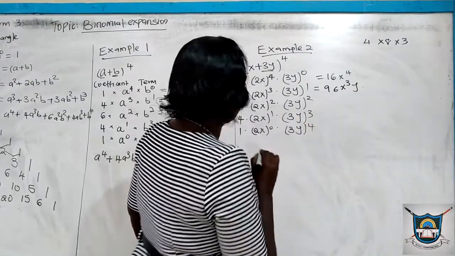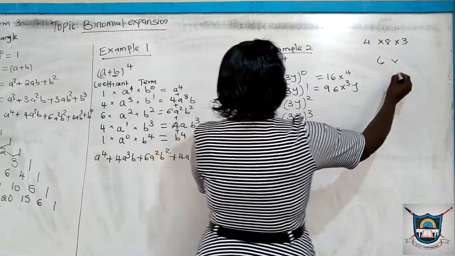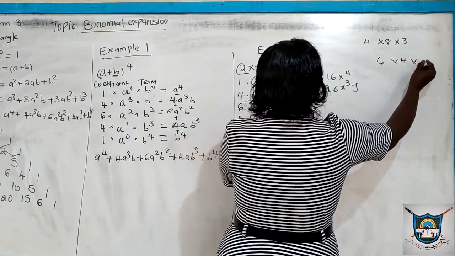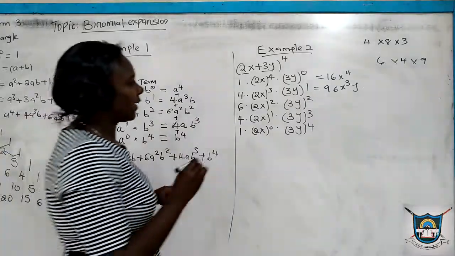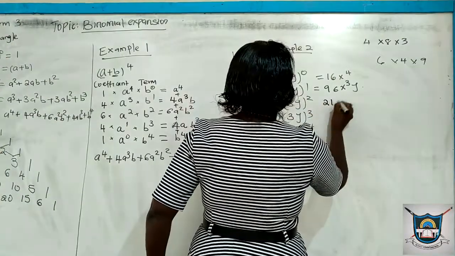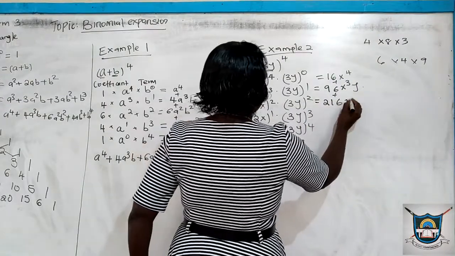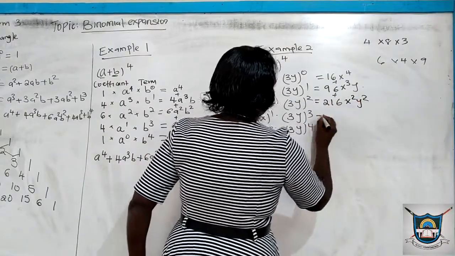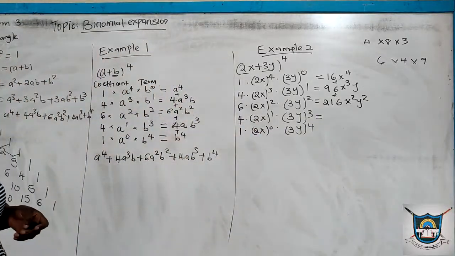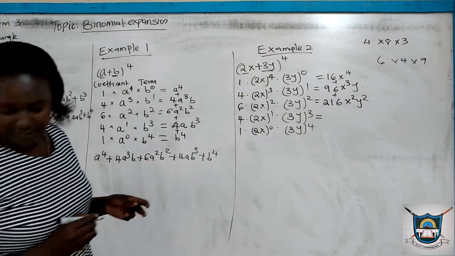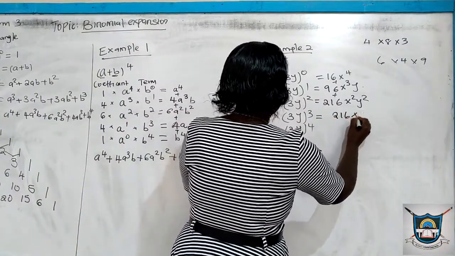The third one, we have 6 times 2 squared, 4, times 3 squared, 9. If you multiply that using the calculator again, you'll get 216 x squared y squared. The fourth one, 4 times 2 times 3 y cubed, gives us again 216 xy cubed.